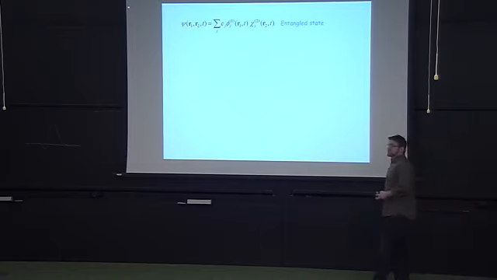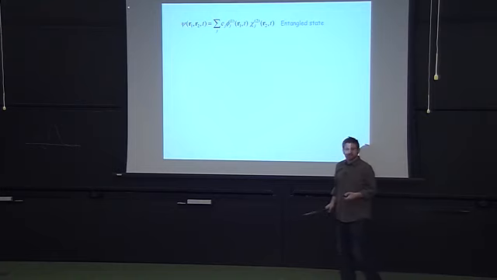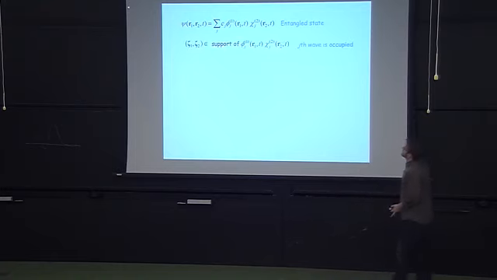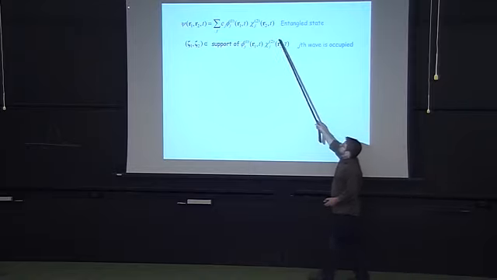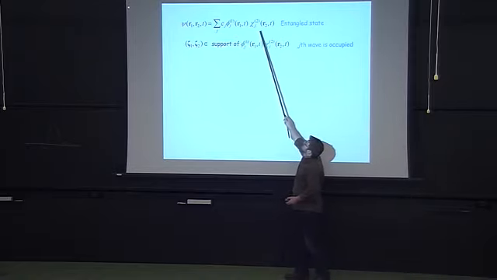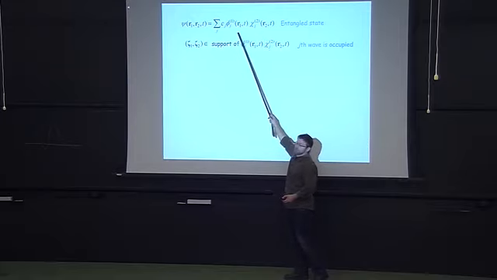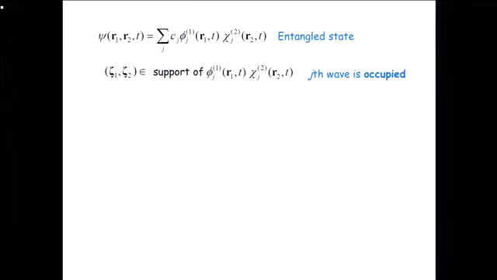If their wave function is an entangled state, then no surprise, things are going to be different. So here I've written the wave function in the bi-orthogonal or Schmidt decomposition. So the phi j's and the chi j's are orthonormal bases for each of these spaces. Now first let me just define something.